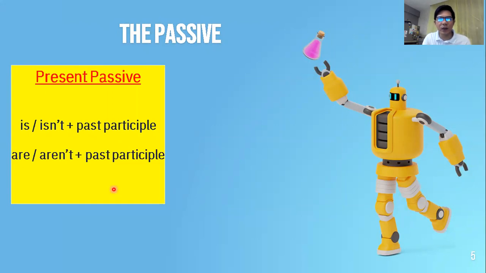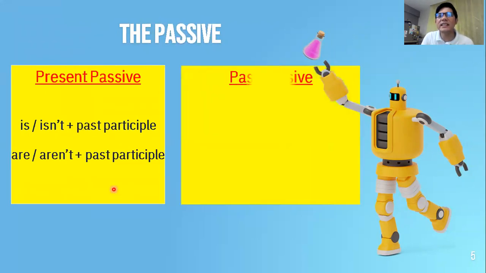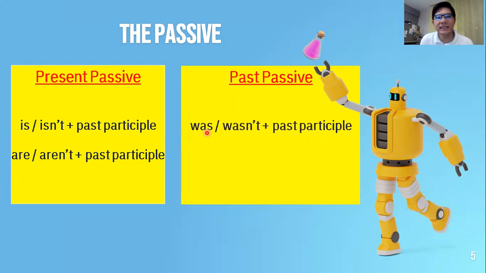The second type or the second kind is past passive. From the word past, so it's simple past. Take a look. Present passive, we use is, isn't. Present passive, we use are, aren't, plus the verb 3. Past passive, instead of is, we use was.